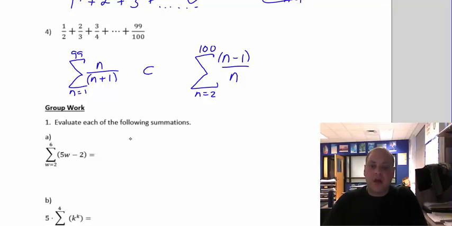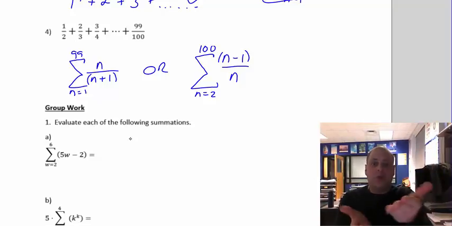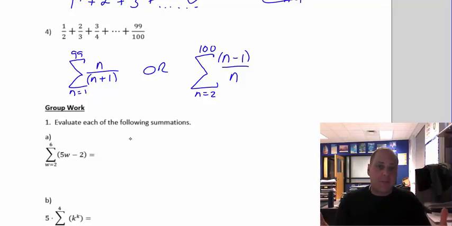I'll just put or. These are both the same exact thing. Test it out. Plug in a 2, it'll be 1 over 2. Plug in a 3, it'll be 2 over 3. Plug in a 4, it'll be 3 over 4, and so on and so forth. Plug in 100, it'll be 99 over 100, which is the last number you want. Then you would stop at plugging in 100. So that's how you would get that.